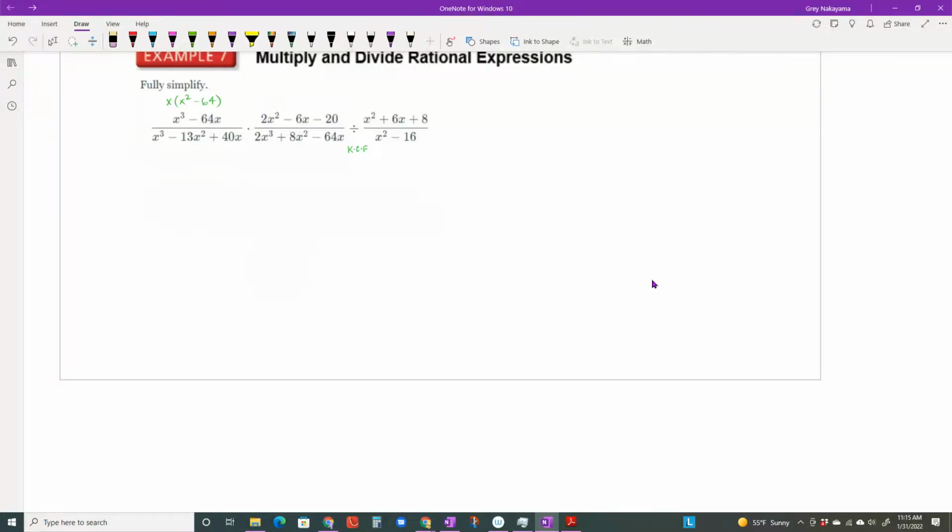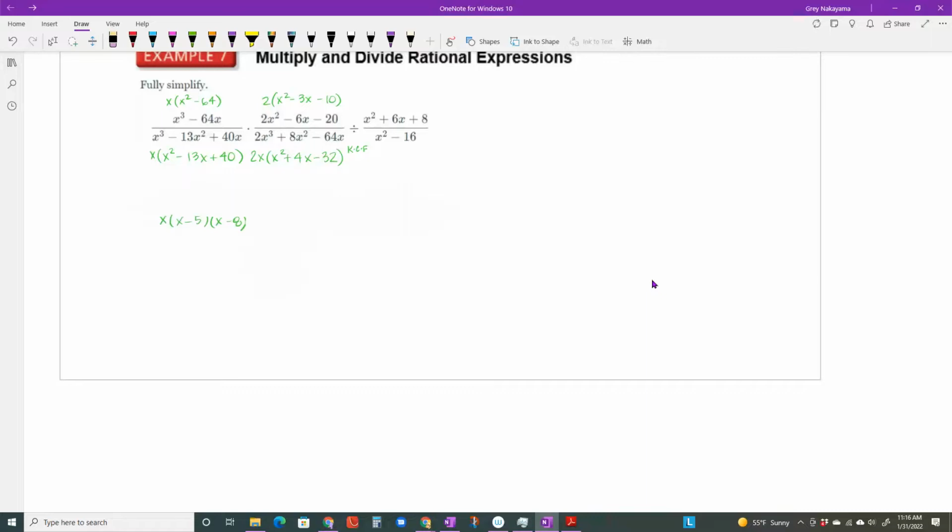When I keep going across the top, there's a common factor of 2, leaving me with x squared minus 3x minus 10. On the bottom, x cubed minus 13x squared plus 40x has a common factor of x, leaving me with x squared minus 13x plus 40. And then again, I have another common factor of 2x here, leaving me with x squared plus 4x minus 32.